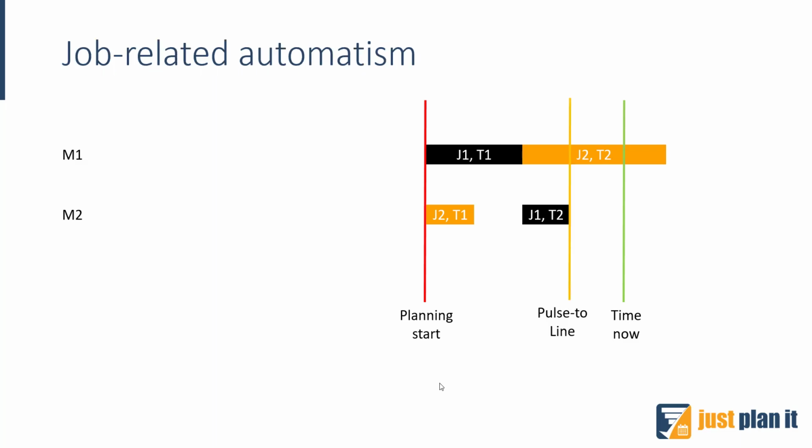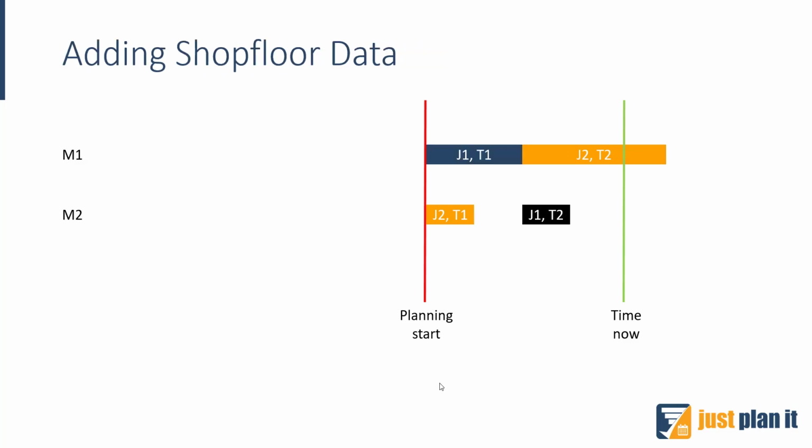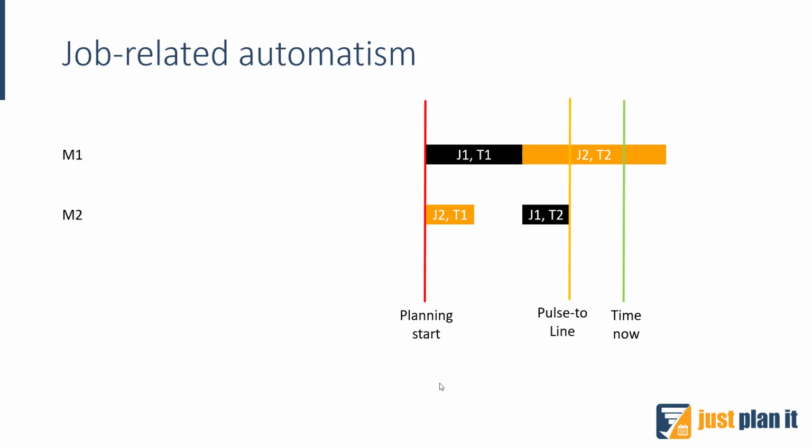And if we now approve that, of course the pulse 2 line will be the end of task 2. What will happen is, again, normally task 1 of job 2 should also be started. I don't want to focus on this, but the very important thing here is that even though there is no explicit information about the finishing of task 1, with the finishing of task 2 you directly finish also the predecessor task.